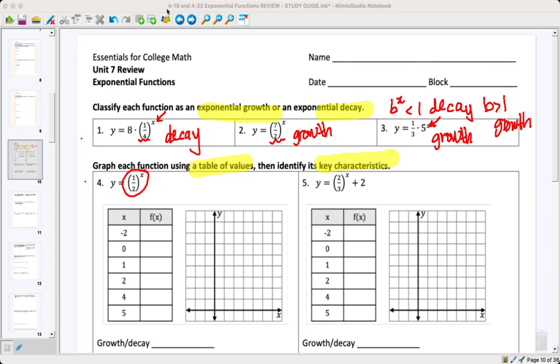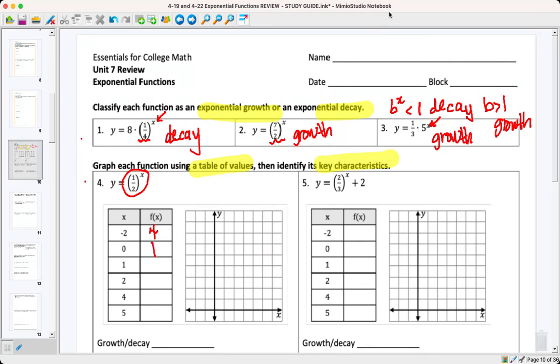So let me move this over. -2 on the chart is at 4. 0 is at 1.